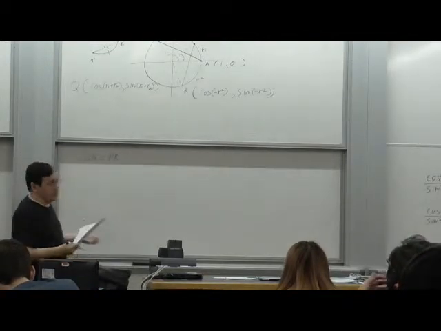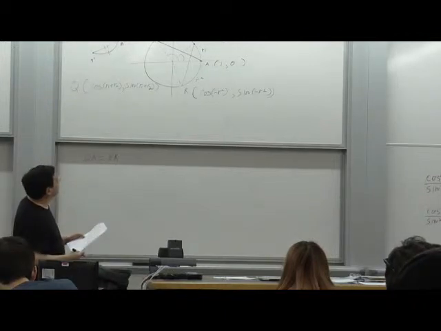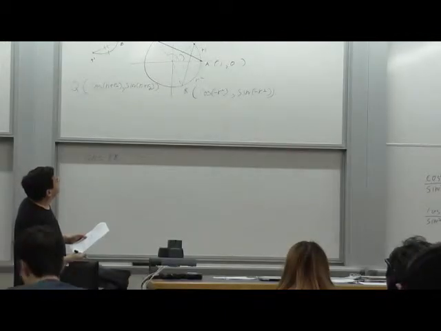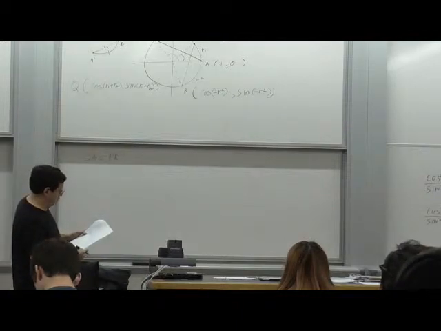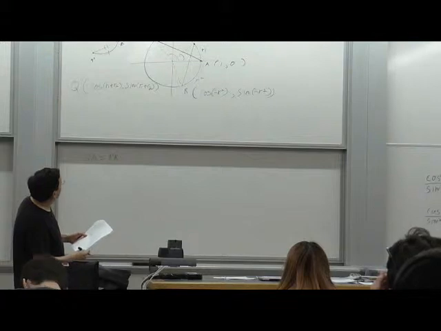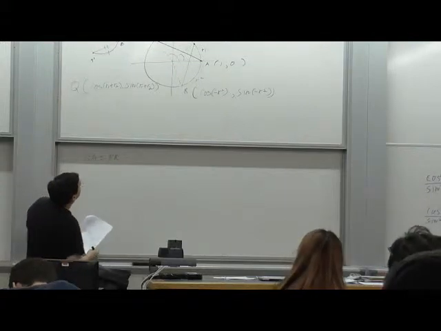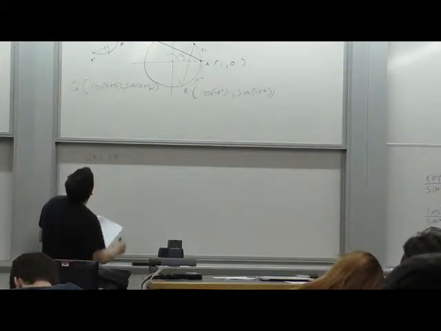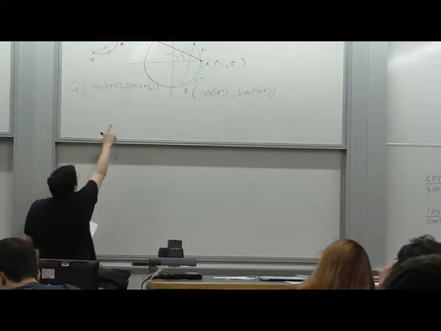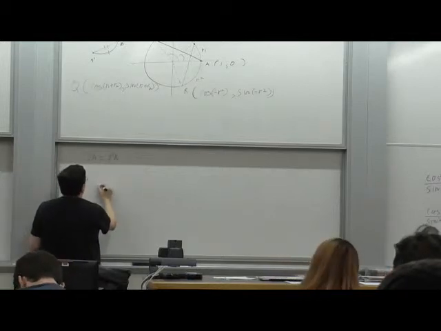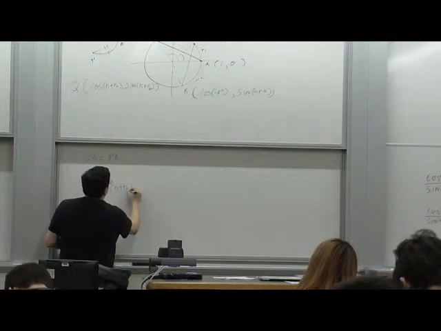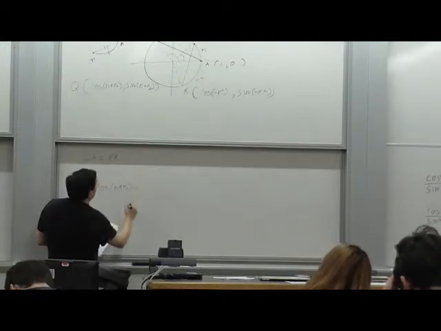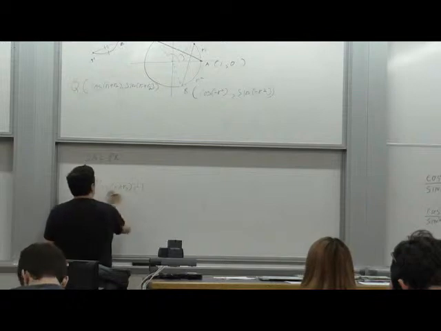So what I'm going to do is use the distance formula, or the Pythagorean theorem, if you like. First, let me work on AQ. So Q is cosine of R1 plus R2, sine of R1 plus R2. So the x coordinate, cosine of R1 plus R2, minus the x coordinate of A, which is 1.